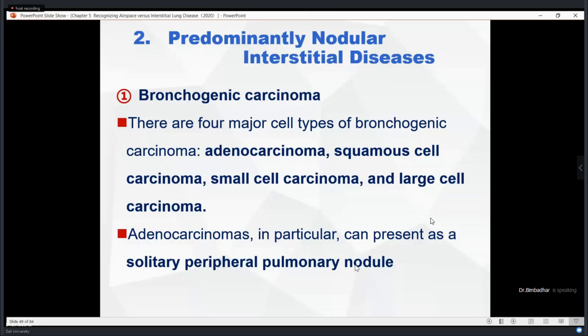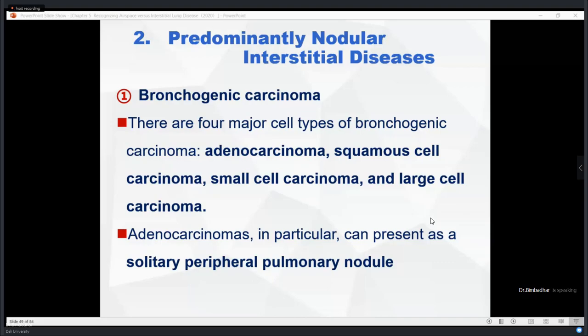Now a question: what is the confirmatory diagnosis for a lung carcinoma? You can call it punch biopsy, or you can also call it FNAC.